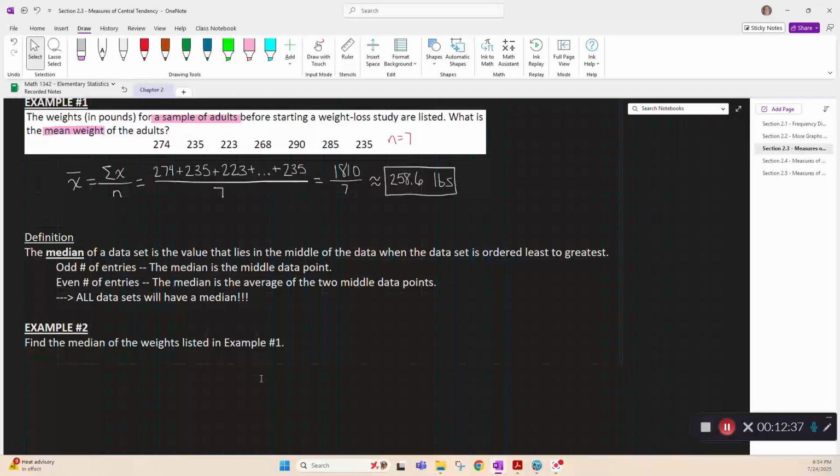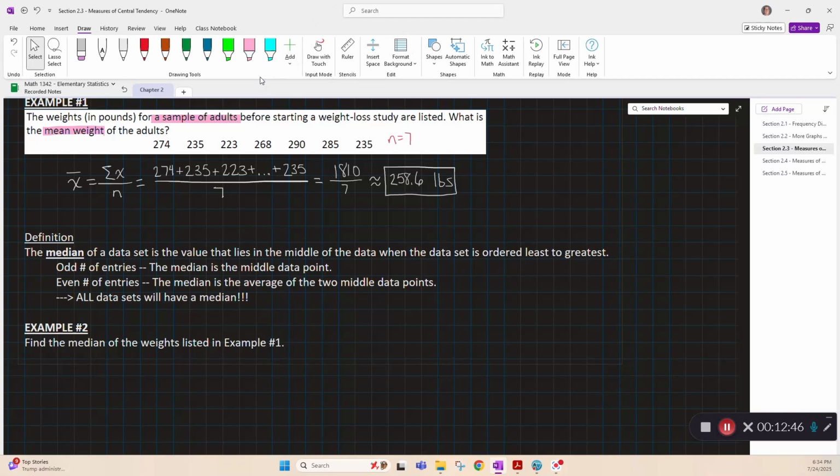That's all it says. Okay, so what do we have to do first to get a median? We have to order the data least to greatest. So I'm going to leave example 1 up here on the screen so I can put them in order from least to greatest.